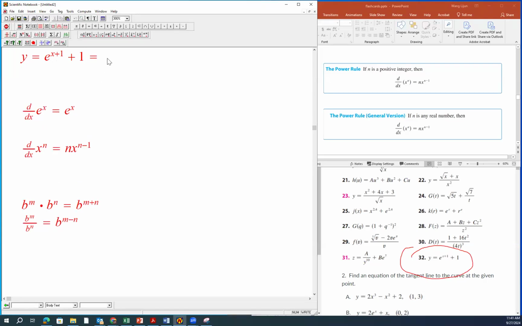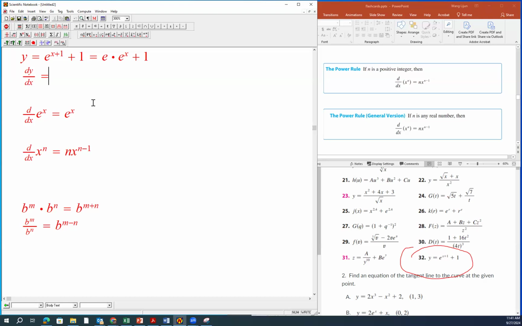So this is how we're going to work it. E to the power x is e to the power of x. E to the power x plus 1 is e to the power x multiplied by e to the power 1. Okay, so we can put the e in front of it as a constant. So now the derivative of e to the power x plus 1 is just going to be e times the derivative.